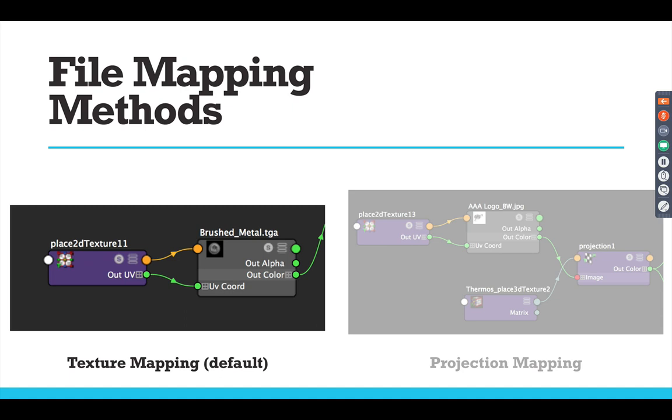Now, in order to get placement information, a place 2D texture node is created as well. This keeps track of where this is in UV space. It gives you some control over it. Bottom line is, the UVs on your surface are going to control where the texture lays. This is going to take your image and lay it out according to the way your UVs are on the geometry.